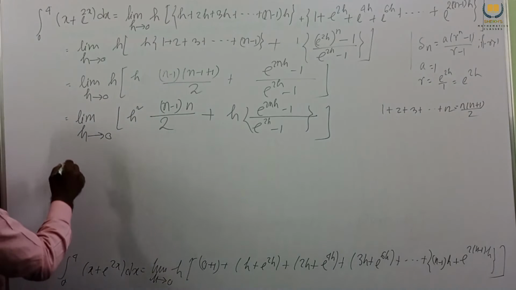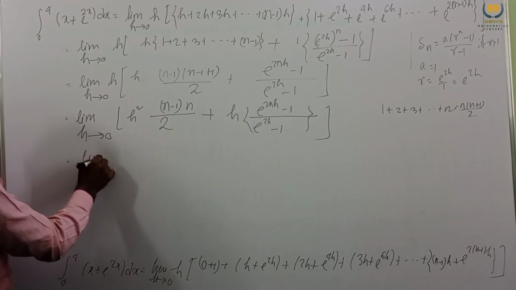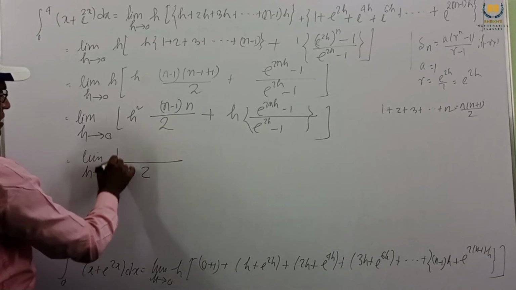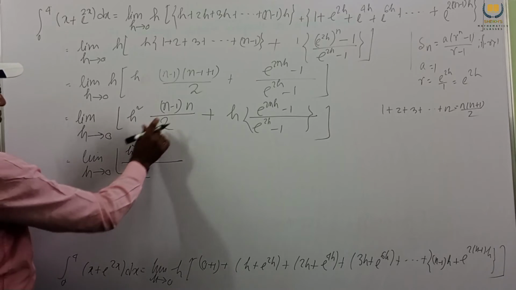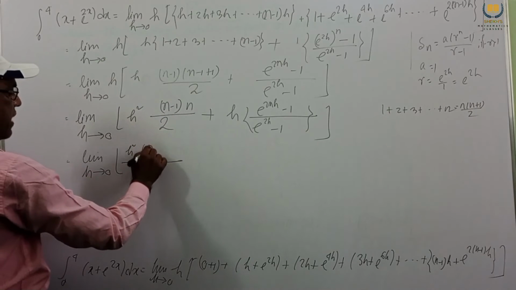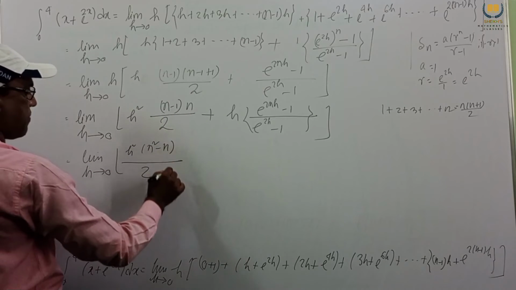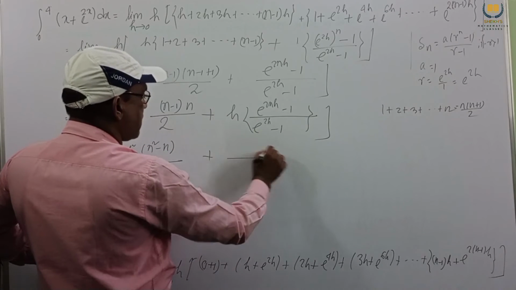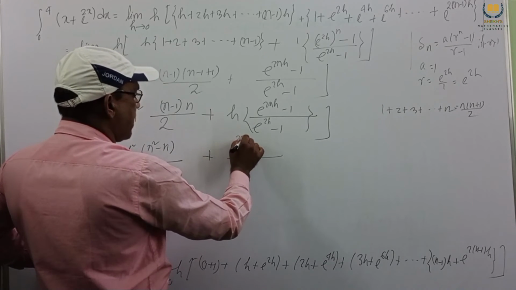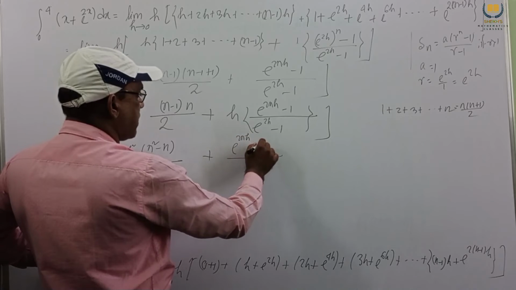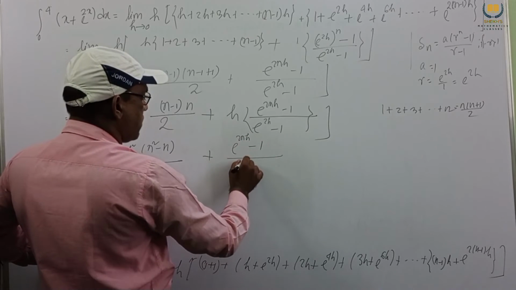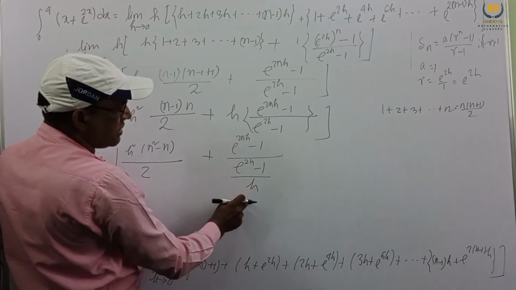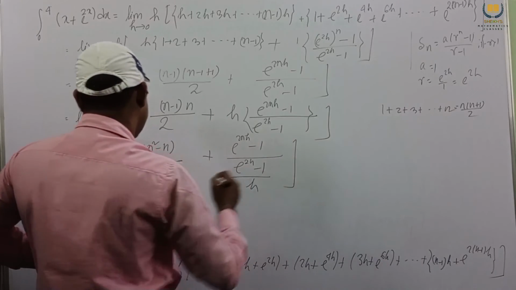Now this is limit h tends to 0. This 2 remains the same. H square, if we multiply this, we get n square minus n. And this h we take in the denominator: (e to the power 2nh minus 1) and (e to the power 2h minus 1) by h. We write this h in the denominator.